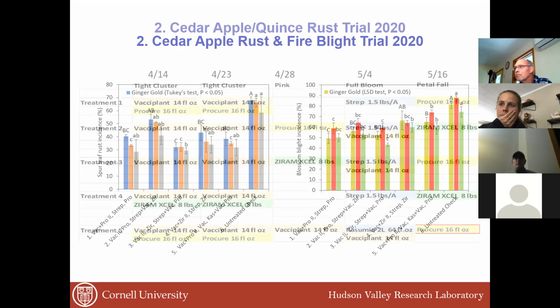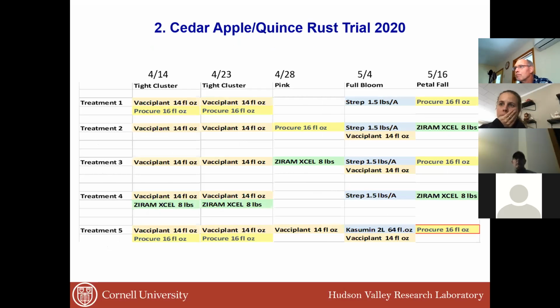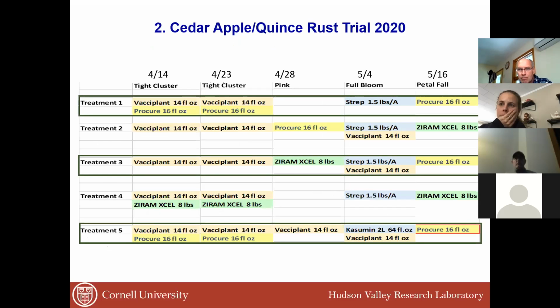So when I mentioned the effect on the rusts, overall, we saw that these 3 treatments had the most effective control of cedar apple rust on leaves. The reason likely is that in these treatments, we had Procure, which is a DMI that is very effective against rust fungi.